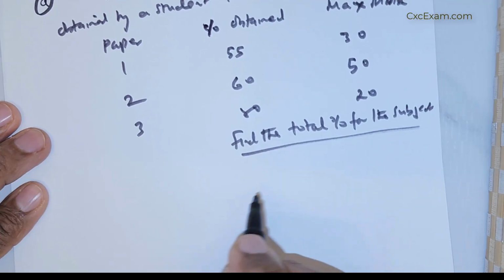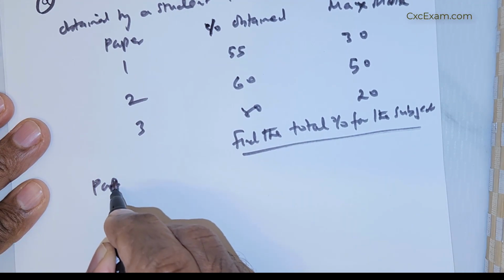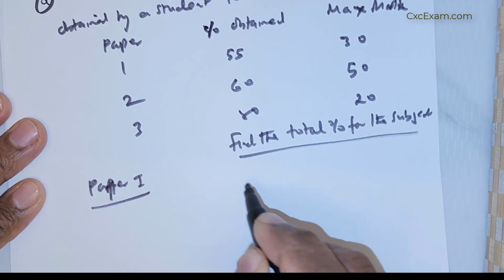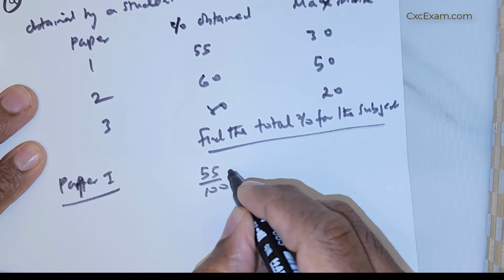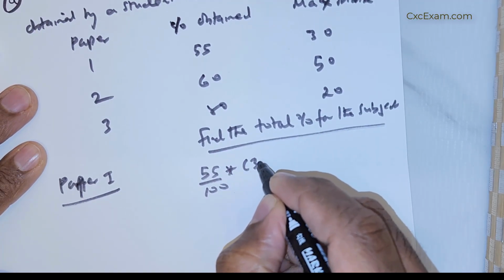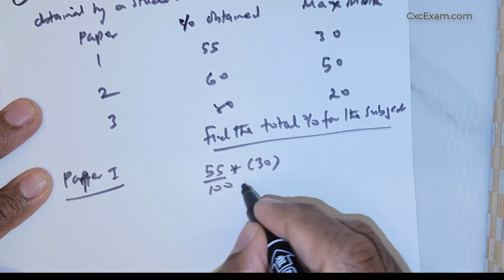So how are we going to do? So paper 1, 55 percentage. So 55 divided by 100 of what? Of the maximum score of 30.